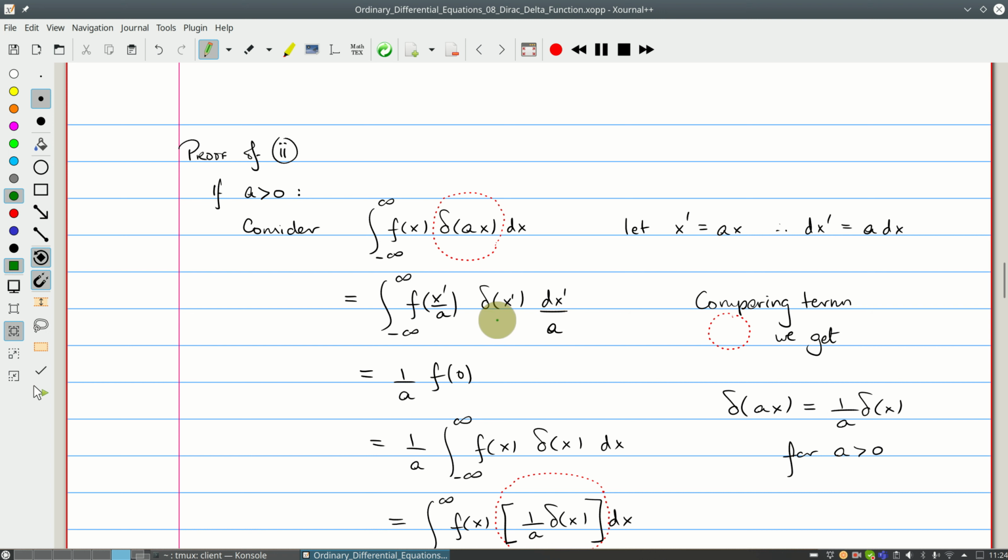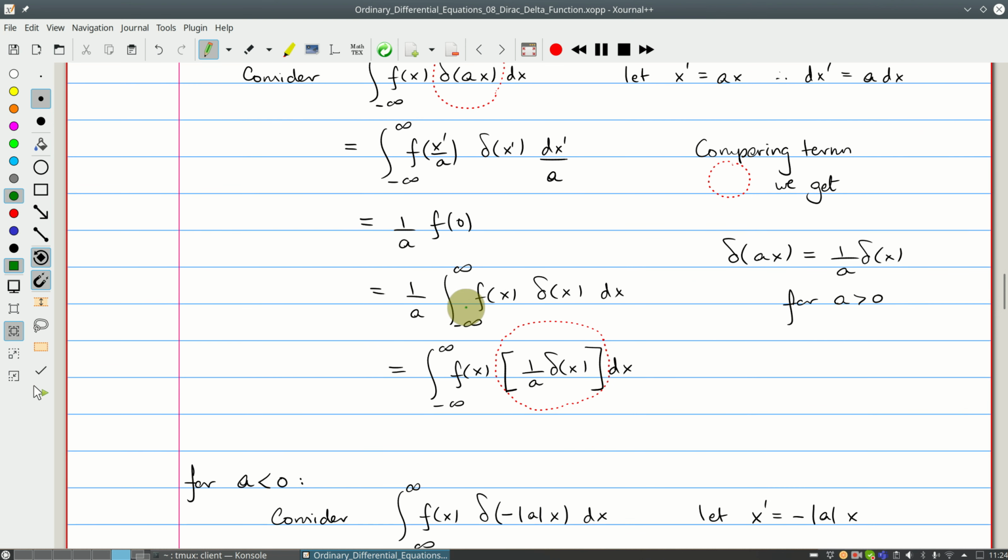Well, that's easy to handle because delta of x prime simply collapses this integral to f of 0, and then we have the 1 over a. So we have 1 over a times f of 0. But f of 0, by definition, is the integral from minus infinity to infinity of f of x times delta of x dx.